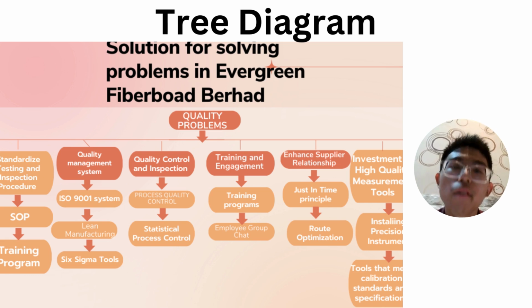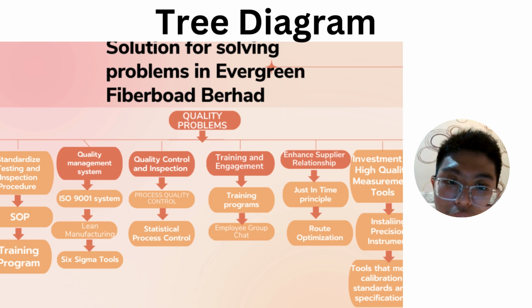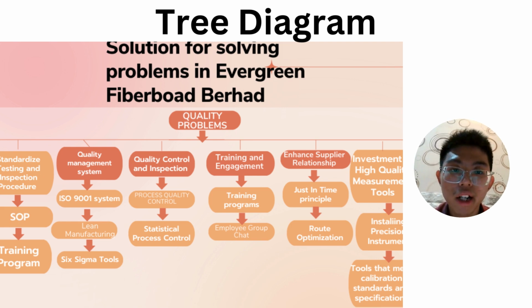Besides that, Evergreen can use the quality control and inspection, which is followed by the process quality control and statistical process control.